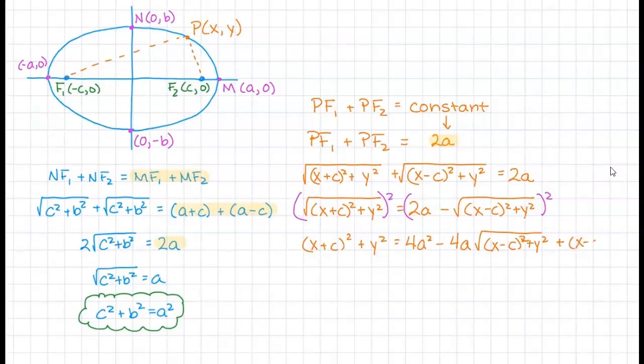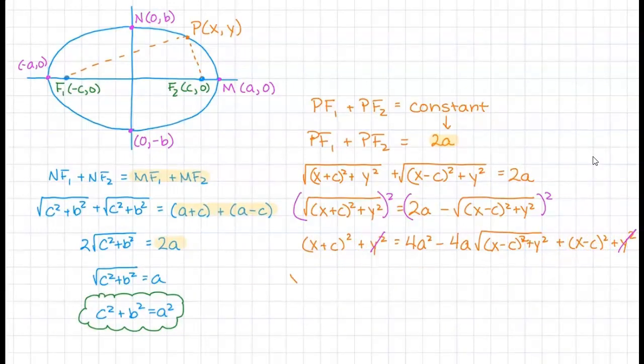And we'll have this. Oh my god, I just made it worse. But we can see that some stuff will cancel out. One thing right away is there's a y squared on both sides, so cancel that out. The next thing I'm going to do is square out this, and we'll see some other stuff will cancel out.